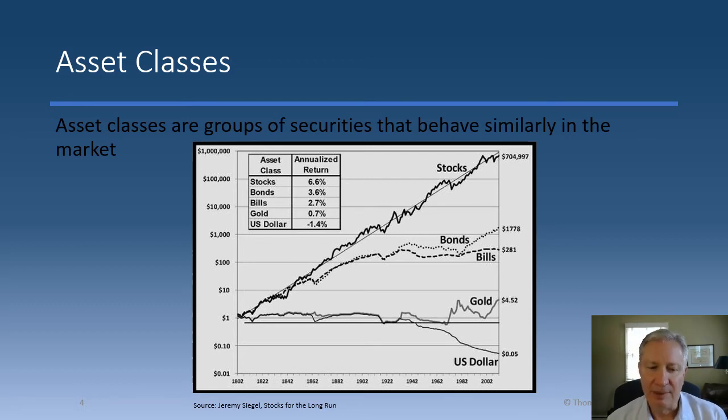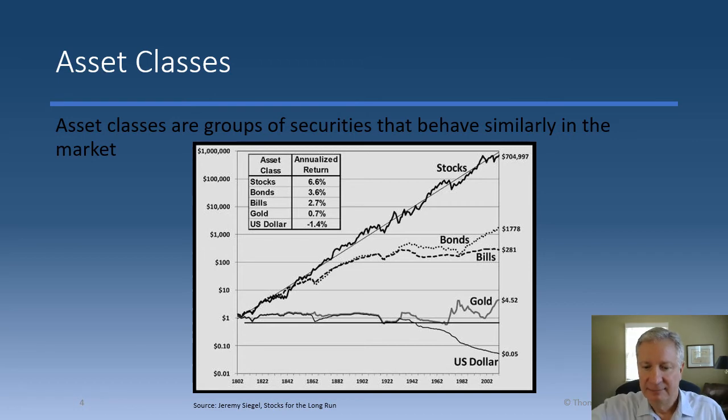By comparison, bonds that started at $1 by 2006 made it to $1,778. That's a 3.6% return. Stocks, the way they behave is they have greater volatility and higher return expectations. In the short term, they may not exceed other asset classes.